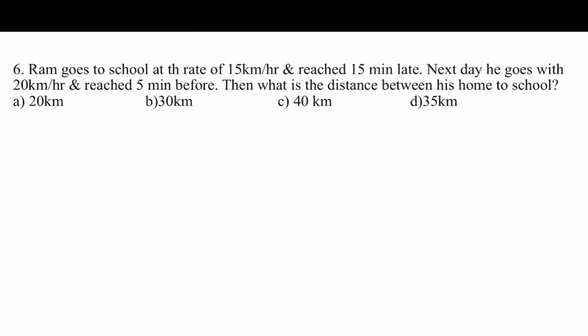So now the next type of problems are early and late concept problems. Okay, the problems I solve now are based on the early and late concept. So how to approach these types of problems and how to solve them using a short trick, we will see now. Now Ram goes to school at the rate of 15 km per hour and reached 15 minutes late.